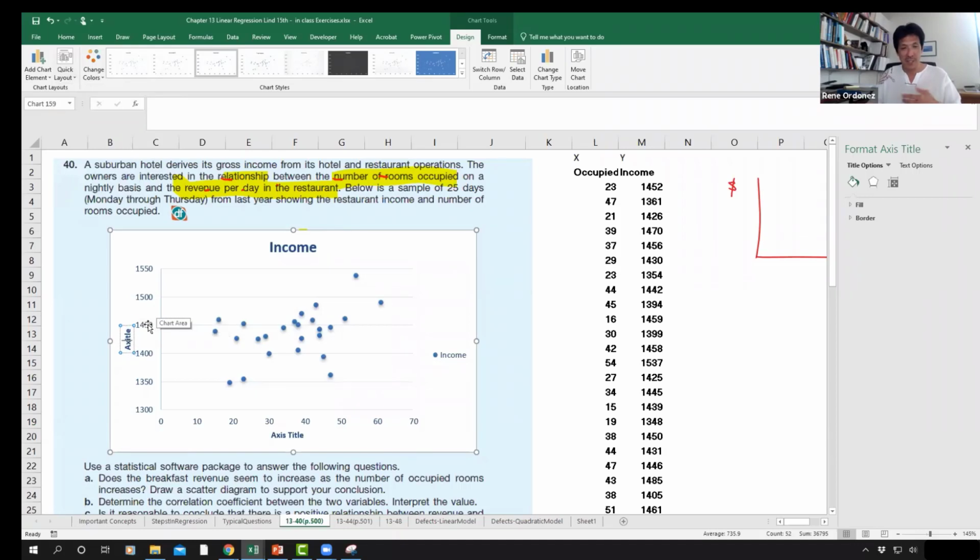So we will edit this to say daily revenue of the restaurant. And then the x-axis title, number of hotel rooms occupied.